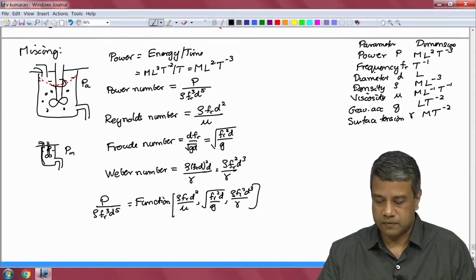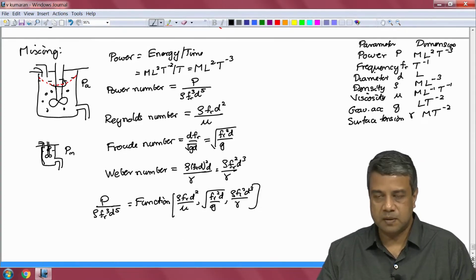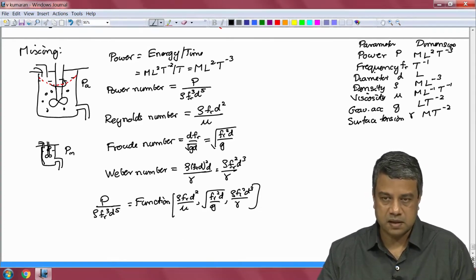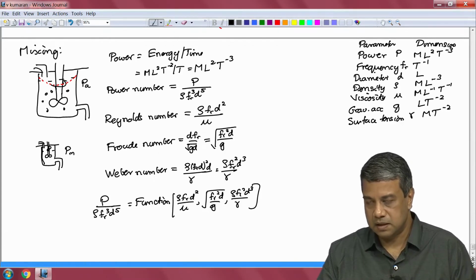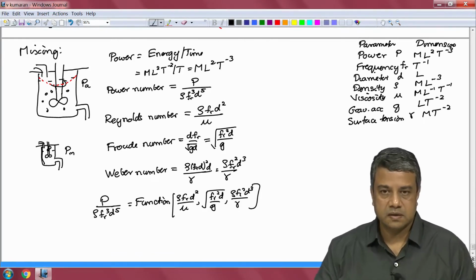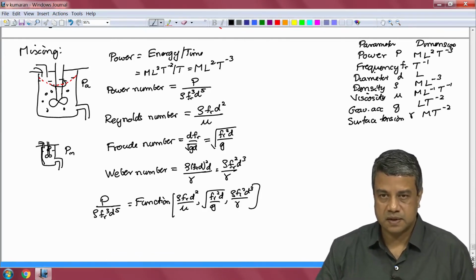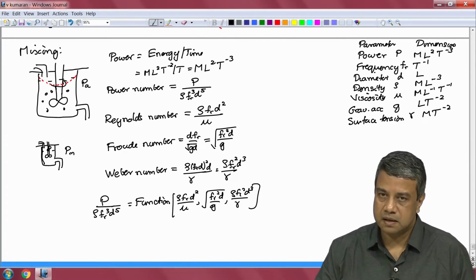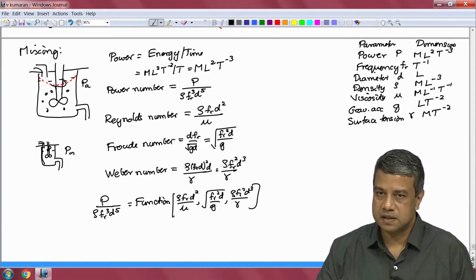Relevant in the sense those that are relevant for the problem. For example, if the Weber number was large, that means that the inertial forces are much larger than the surface tension forces. So, you can neglect surface tension forces altogether and neglect the surface tension as a parameter.